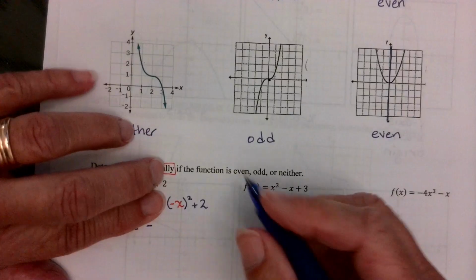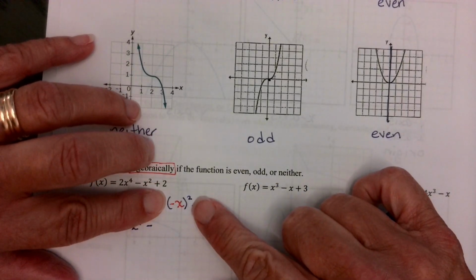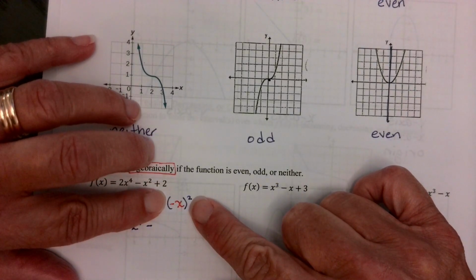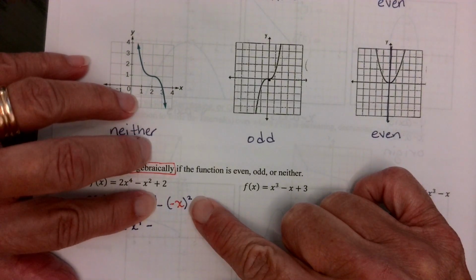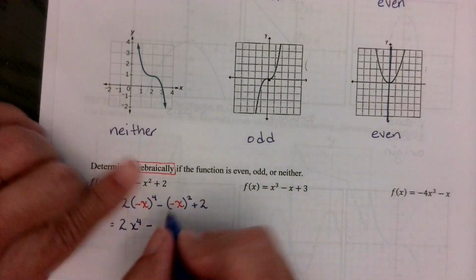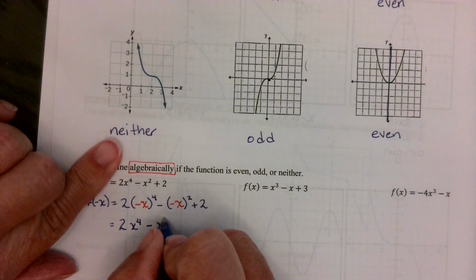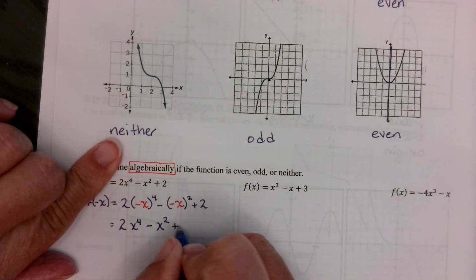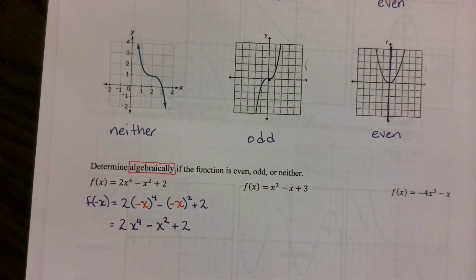Now this part right here gives me a positive x squared. That part right there, don't worry about that. That gives me a positive x squared. But when I bring it down because of that minus sign, it becomes that. Plus 2. Okay? All right.